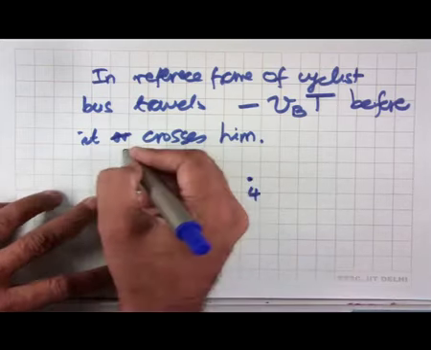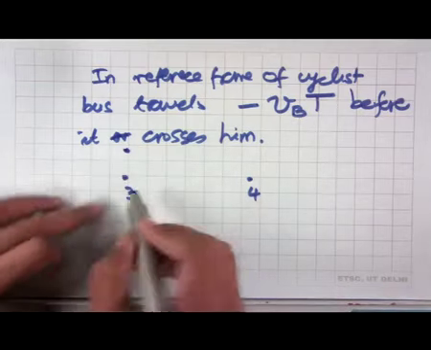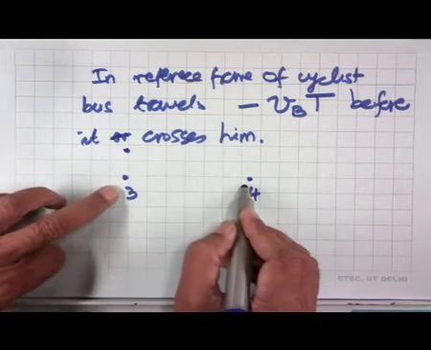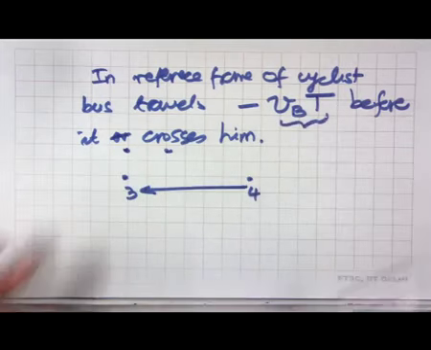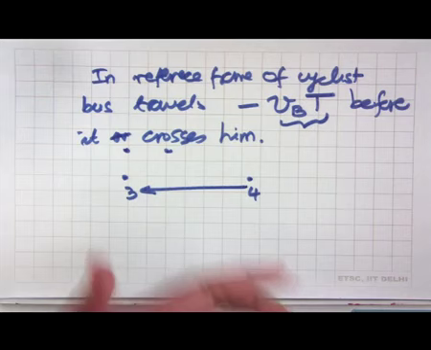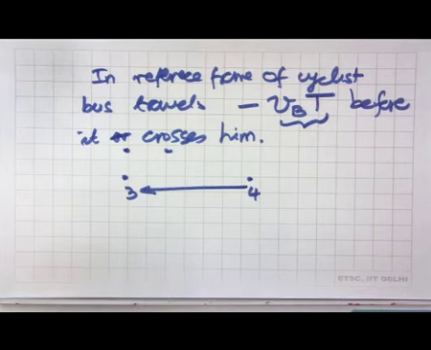So, as the cyclist observes, the distance travelled by bus number 4 before it reaches him will be minus Vbt. The minus sign comes because the bus is travelling in the opposite direction.